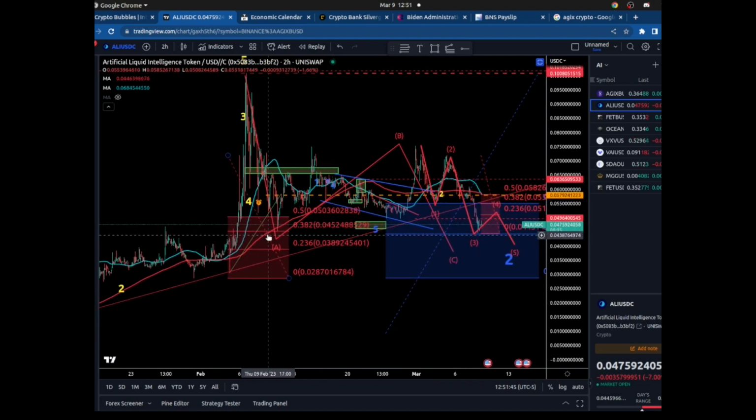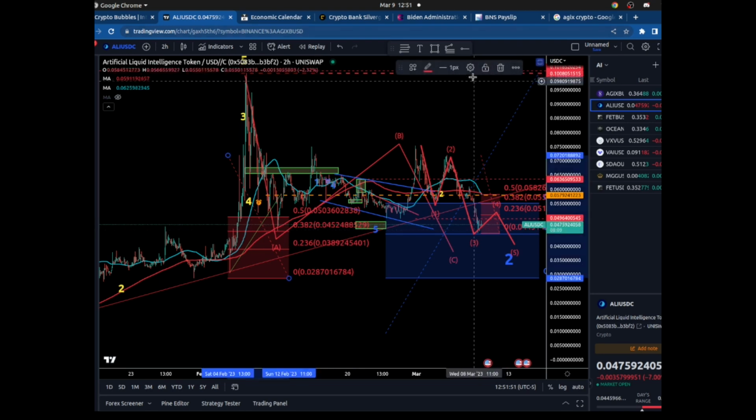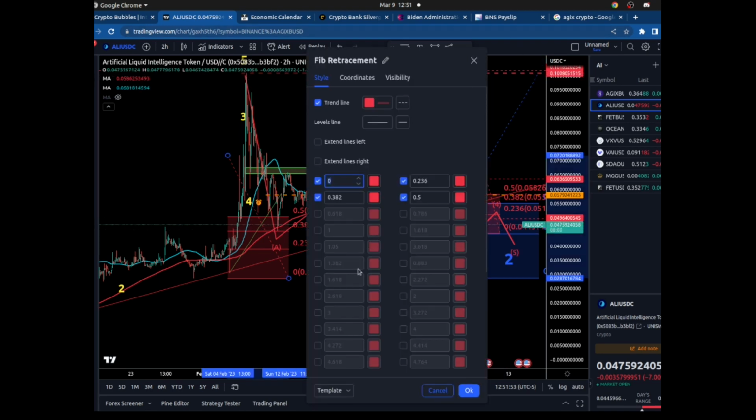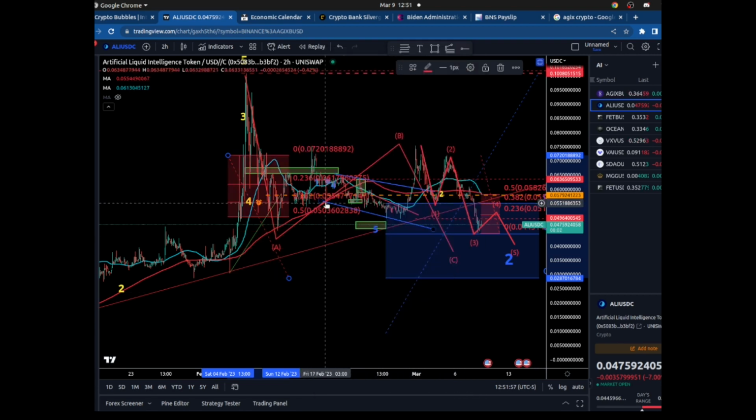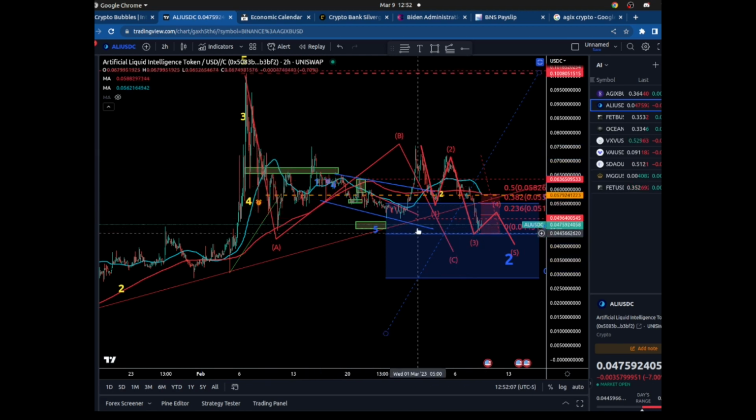So this was my minimum retracement for a wave 3. Let me reverse it because it's not the proper count. So up to now we already went below this retracement. So we need to be aware of that.